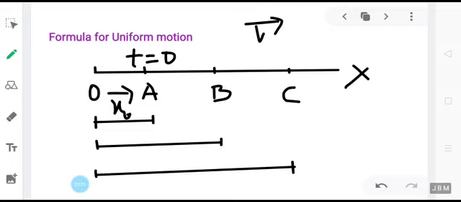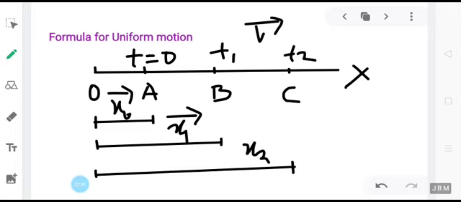Let the object be at positions B and C at the instants of time t1 and t2, where OB is given by x1 and OC is given by x2.